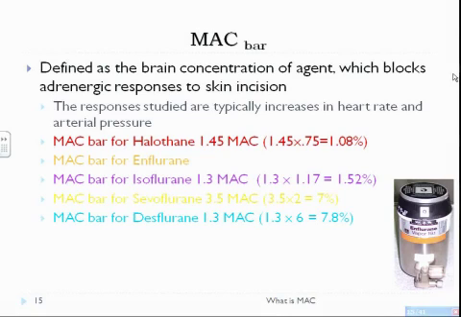We get 50% increase in MAC bar by adding fentanyl on these individuals. And you'll see people that like desflurane are very heavy-handed with the narcotics because we're basically suppressing the autonomics with the narcotics, not with the volatile anesthetics. If you don't, then you have to be dependent on the volatile anesthetics, and by that point, you're starting to have other problems with the agent. So that's a limitation of these agents.